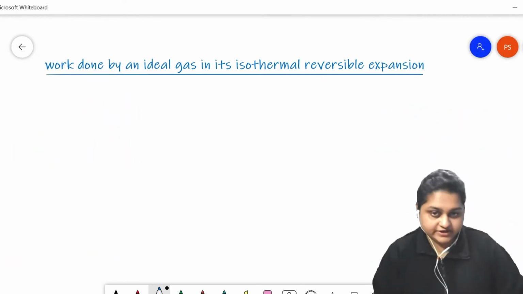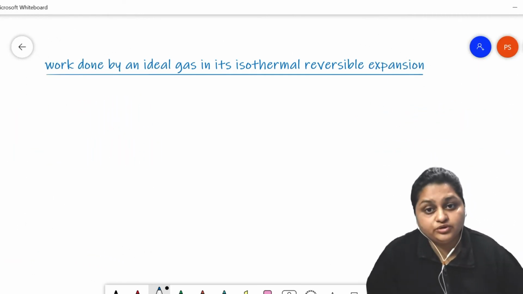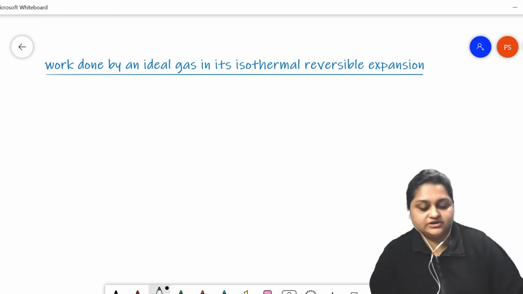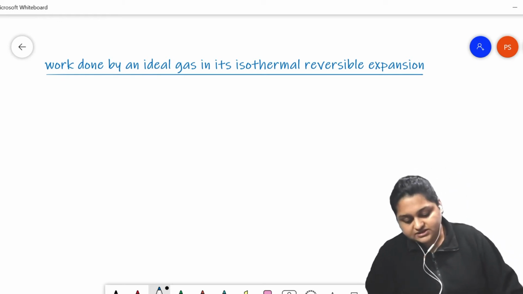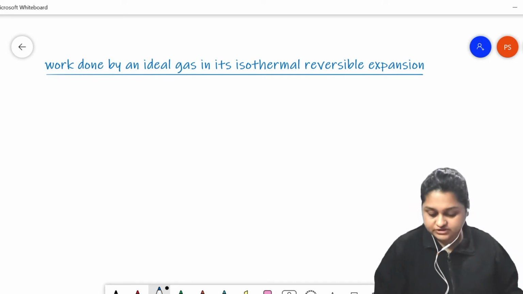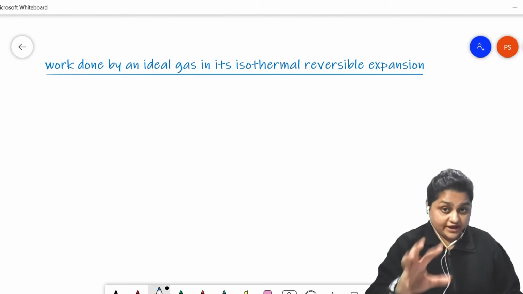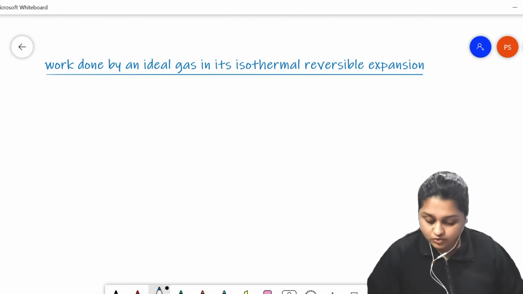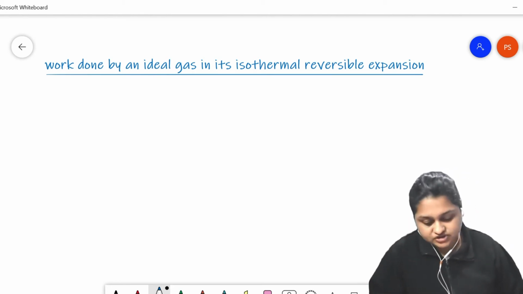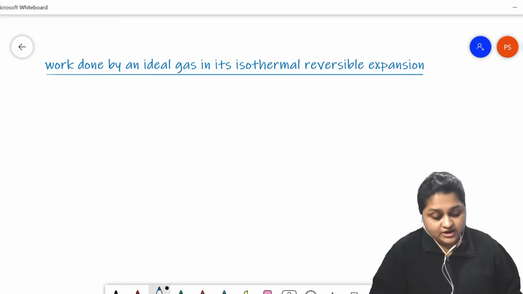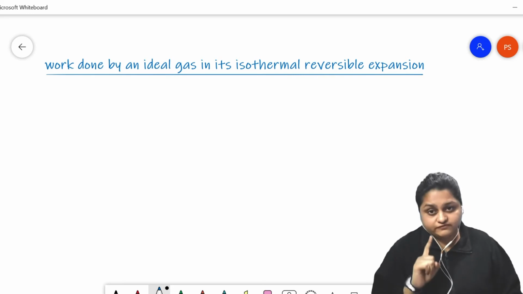We had just studied the general expression for the work done by a system when an isothermal expansion occurs. What is going to be the general mathematical expression of this work done by an ideal gas? If the gas that we had taken is an ideal gas, work done by an ideal gas in an isothermal reversible expansion. Now these words are very important.